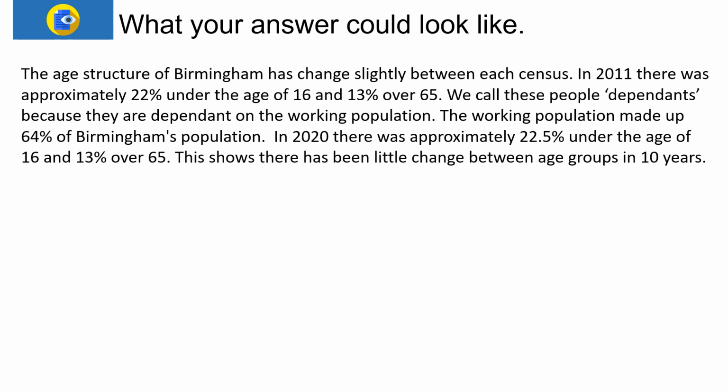In 2020, there was approximately 22.5% of people under the age of 16 and 13% over the age of 65. This shows there has been little change between the age groups in 10 years. Pause the presentation for a few minutes whilst you copy down this answer onto page 14 of your workbook.